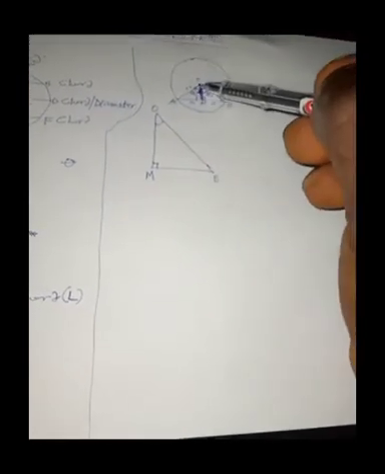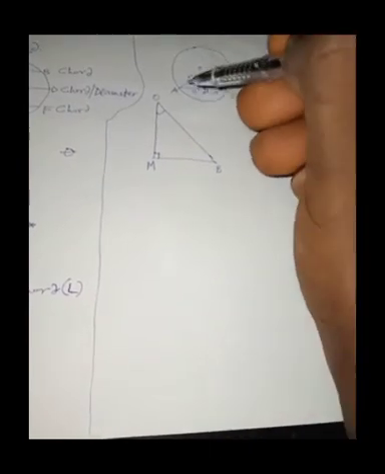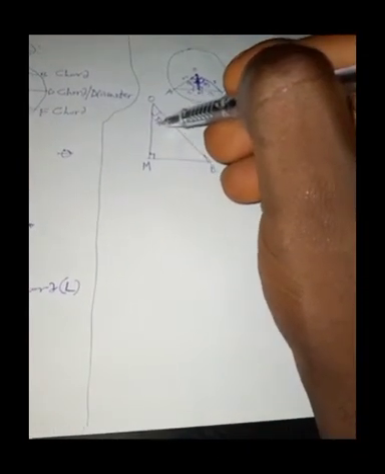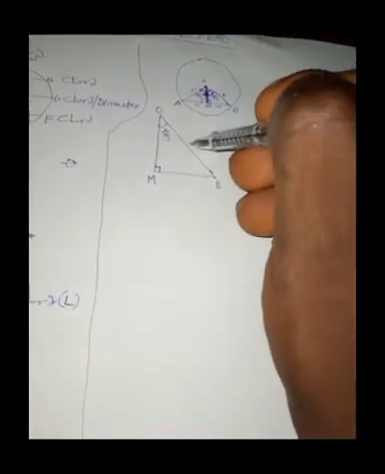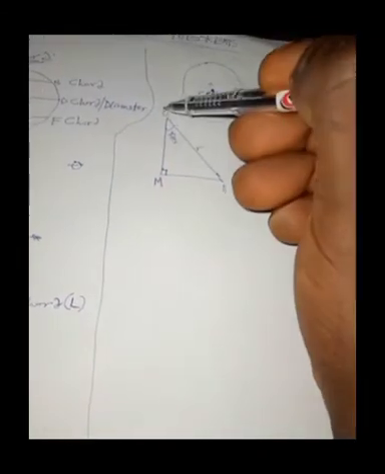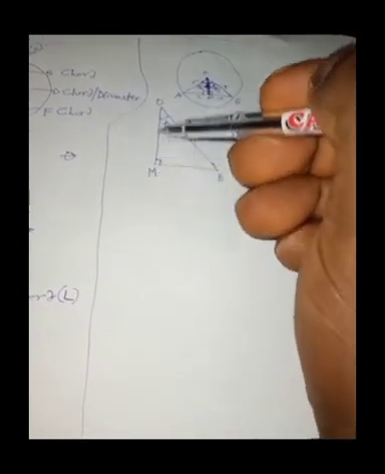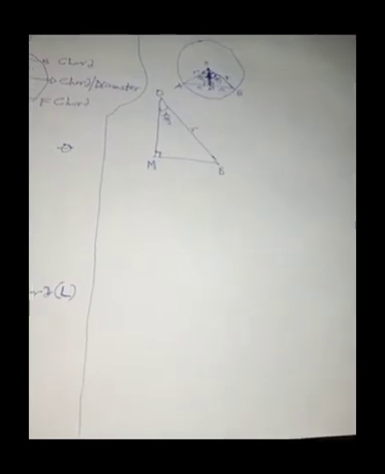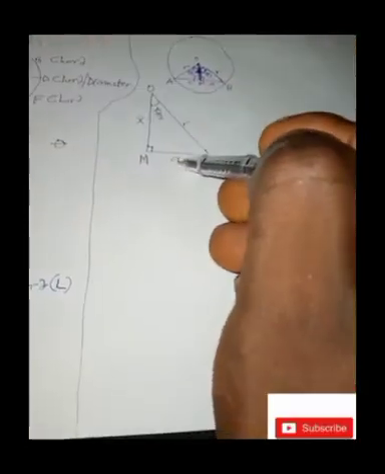Since the line has already divided the angle into 2, this angle is going to be theta divided by 2. Now, this is our radius. Then this OM is the distance of the chord from the center of the circle. Let's call it S. Then this is A.